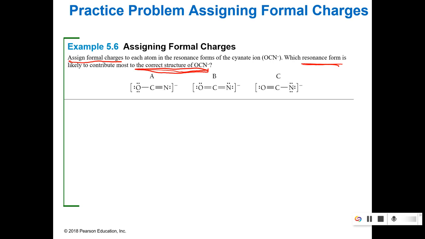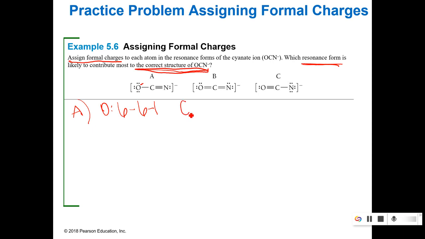Okay, so for this one, we do need to find the formal charge for all. And I do sometimes ask questions like this in person. And if you don't do formal charge at all, you're not getting the point, whether you choose the right one or not, because the question was about formal charge. Okay, so in A, O is 6 valence minus 6 dots minus 1.